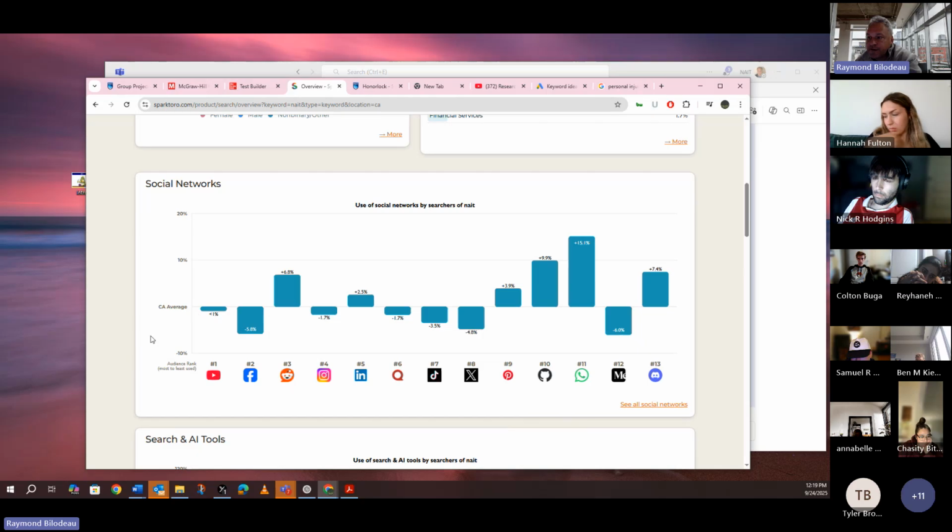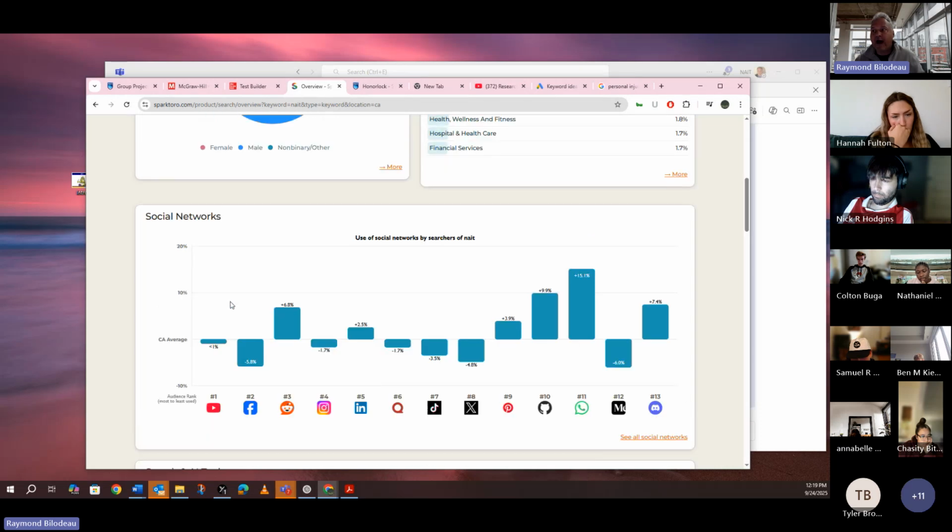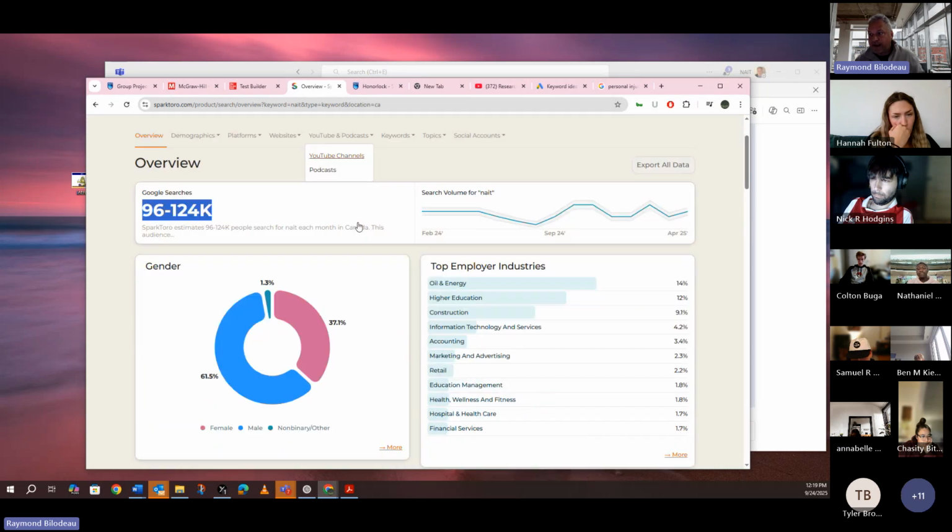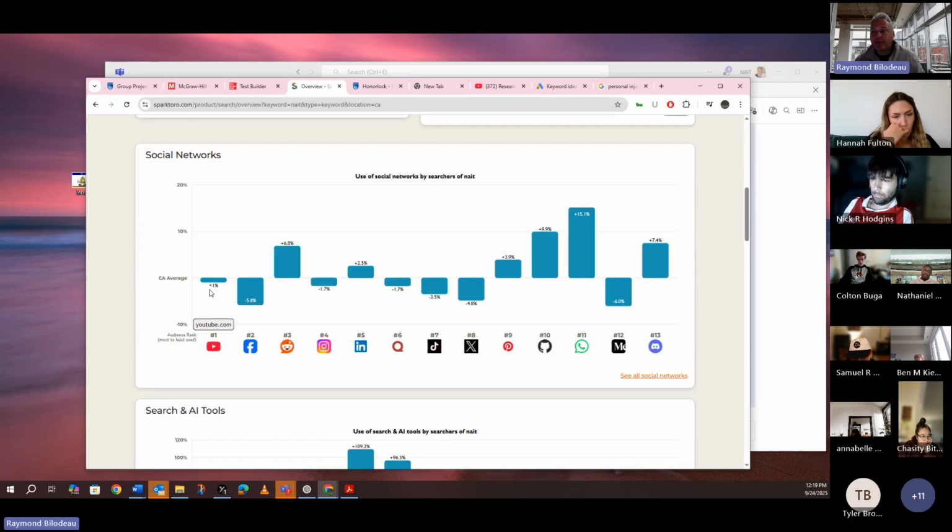So this is the Canadian average. The way to look at this data, and it's always important to understand this, is that this is the Canadian average. So if 97% of Canadians use YouTube, and this says less by 1%, then probably 96% of the 100,000 people who search Nate are on YouTube.